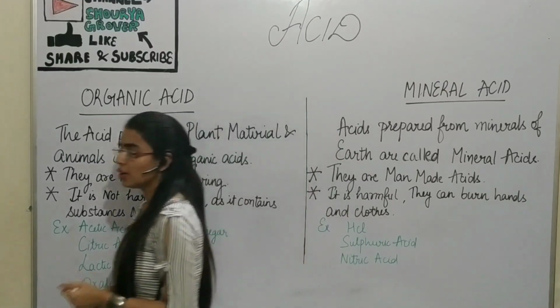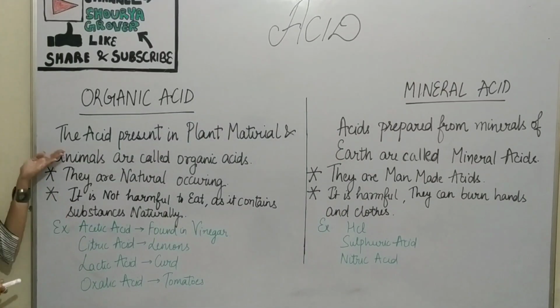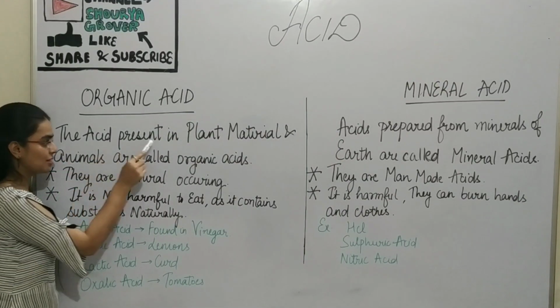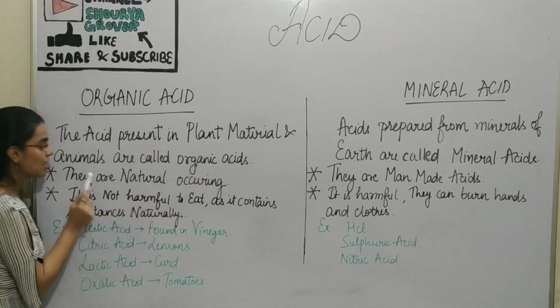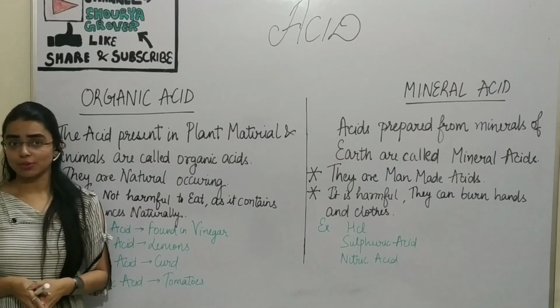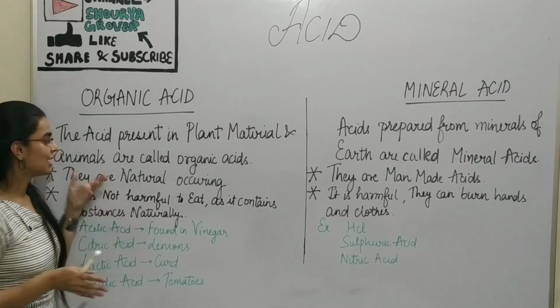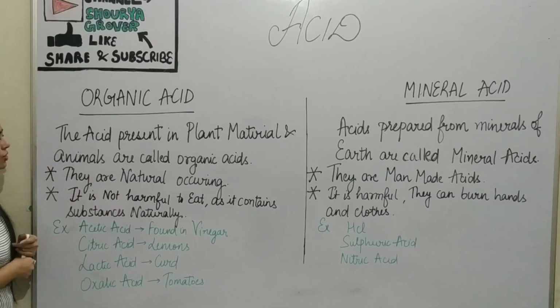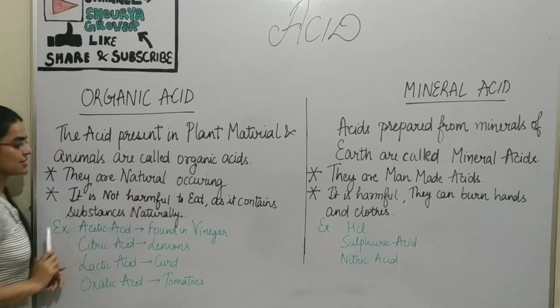So see, now what is an organic acid? Organic acids are the acids that are present in plant materials and in animal materials. So students, organic acids can be found in plant materials and in animal materials. So these are known as organic acids.